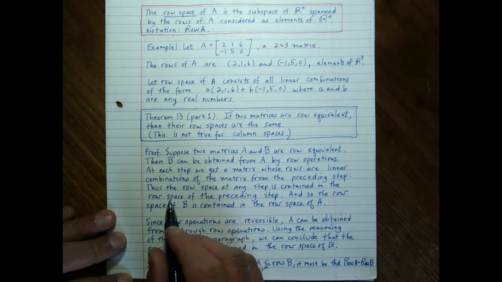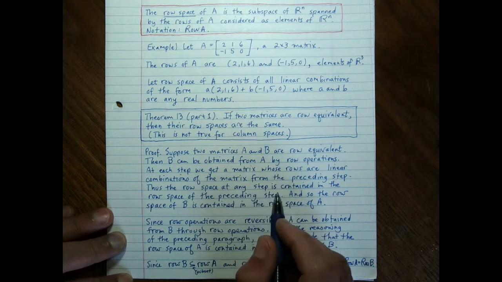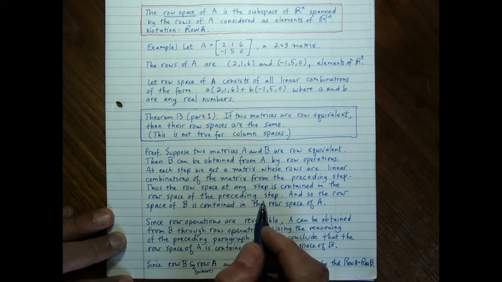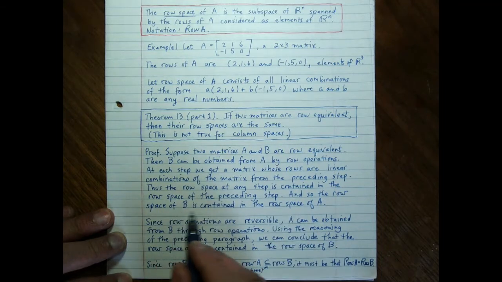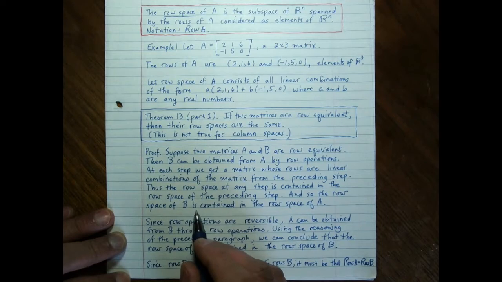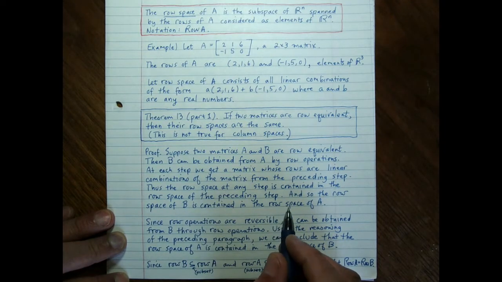So the row space at any step is contained in the row space of the preceding step. So the row space of B is contained in the row space of A. This reasoning so far doesn't tell us that they're equal. It just says that row B is a subset of row A.